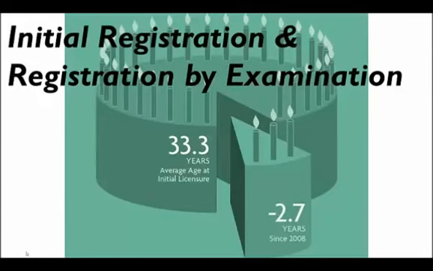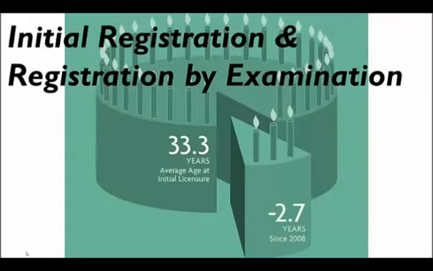Now, initial registration, or registration by examination, is what we refer to as the first time you're ever becoming registered in a state or jurisdiction. And I say jurisdiction because there are still places like Puerto Rico, Guam, Washington, D.C., and the Virgin Islands, so it may not be a state.